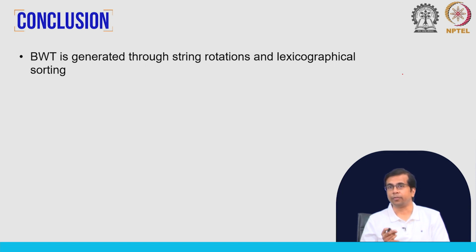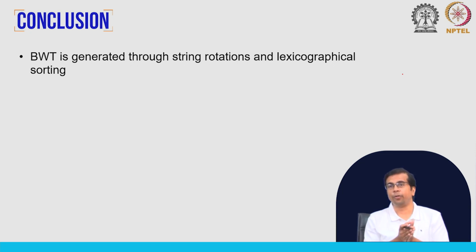Then we do the string rotations. We generate all possible rotations until we come back to the original string. And in the third step, we combine the original string with all the rotations to do lexicographical sorting. And we have seen the process of lexicographical sorting and how we make those decisions for sorting.